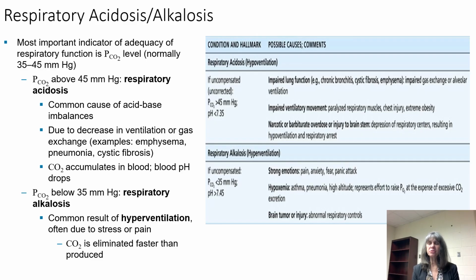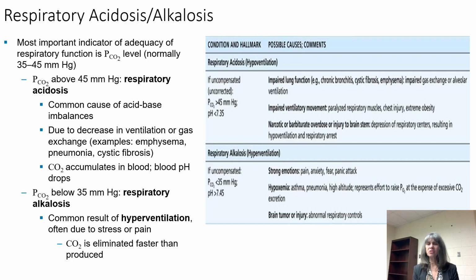It's usually due to a decrease in ventilation or gas exchange. Maybe that's occurring because of chronic bronchitis or cystic fibrosis or emphysema, pneumonia. Could be idiopathic pulmonary fibrosis where there's an impaired gas exchange or alveolar ventilation is impaired. It could also be due to paralyzed respiratory muscles or an injury to the chest or extreme obesity.